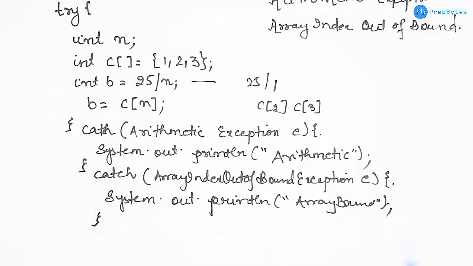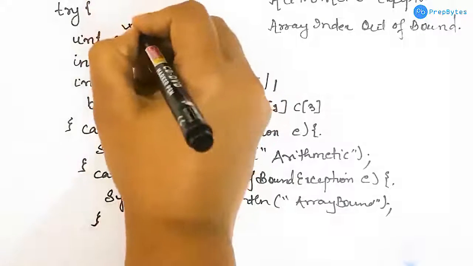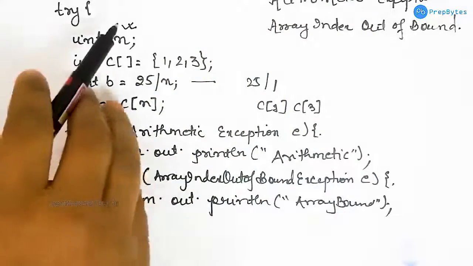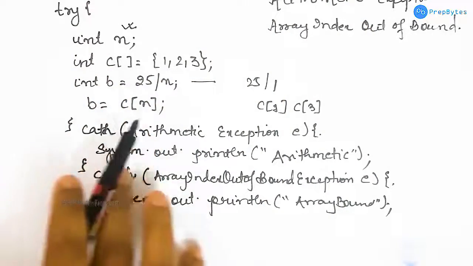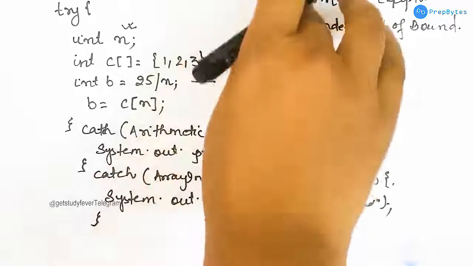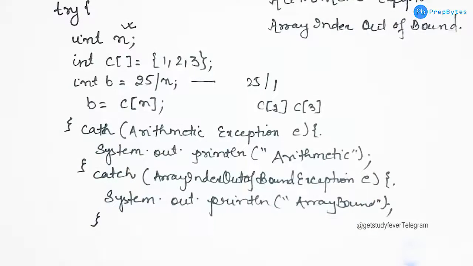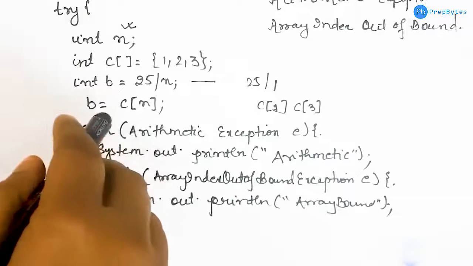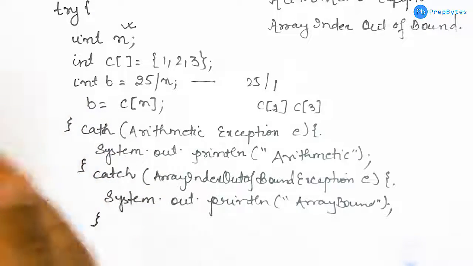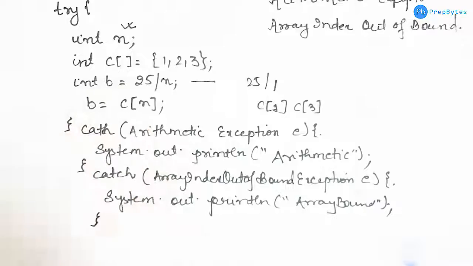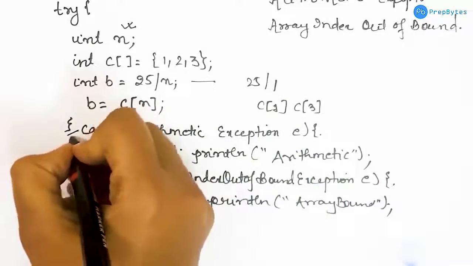Okay, so now let's try to understand what happens. So let's say first we have n is equal to 0. When n is equal to 0, Java throws arithmetic exception. So whenever an exception is thrown and there are multiple catch statements, Java goes on to the catch blocks one by one to see if there is a match. In this particular case, it first comes to this particular catch.